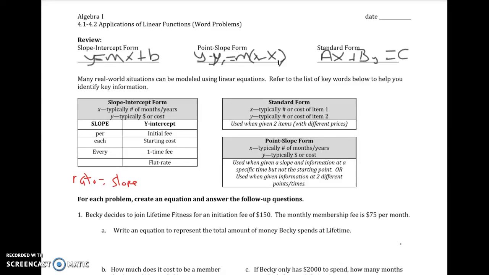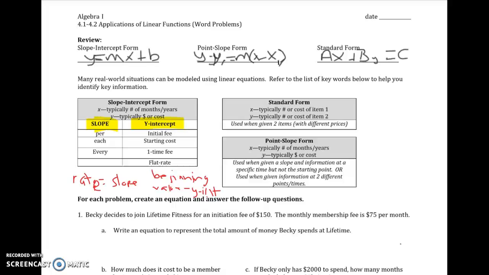And we're going to look for a beginning value, which is the y-intercept. Okay, that's for slope-intercept form. Essentially, we're looking for those two pieces of information that fit right into the equation: the slope and the y-intercept.